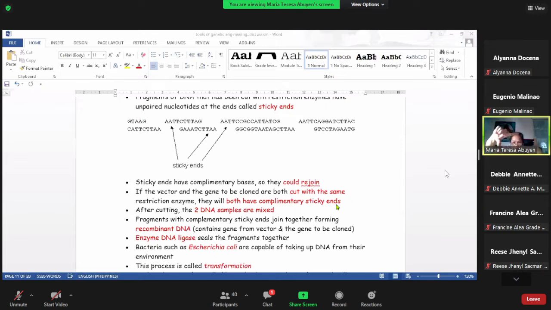So if this is the foreign DNA, look at me. So with sticky ends, they have complementary bases so they could join like this. For blunt, it is cut in the middle, and then when joined, it looks like this. In sticky ends, it will be joined.